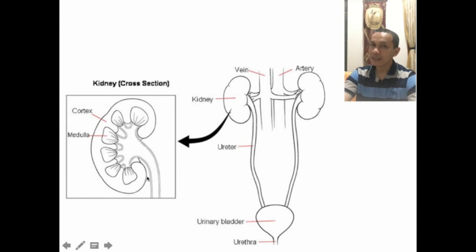The inside part of a kidney consists of two regions. The outer region is called the cortex, and the inner region is called the medulla.